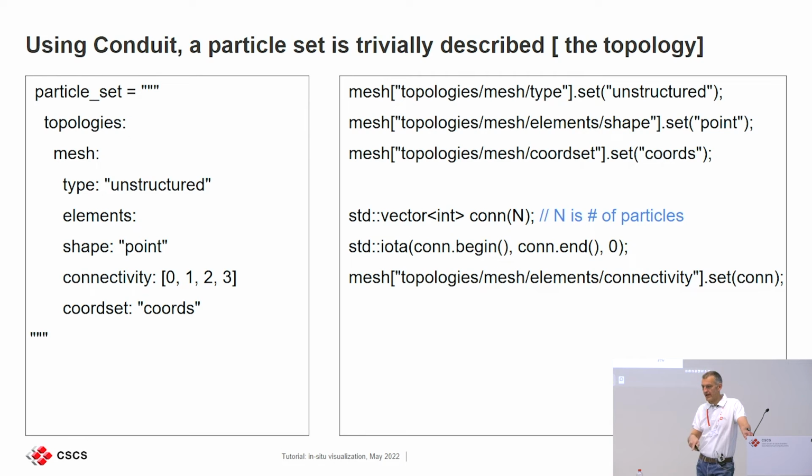Ascent needs it today. I'm hoping that in the future we will be able to describe particle sets without a connectivity array, because in VTK itself, there is an effort now to, how do we say, upgrade the status of the point set class, which has been private and an object that you could not instantiate in the past.